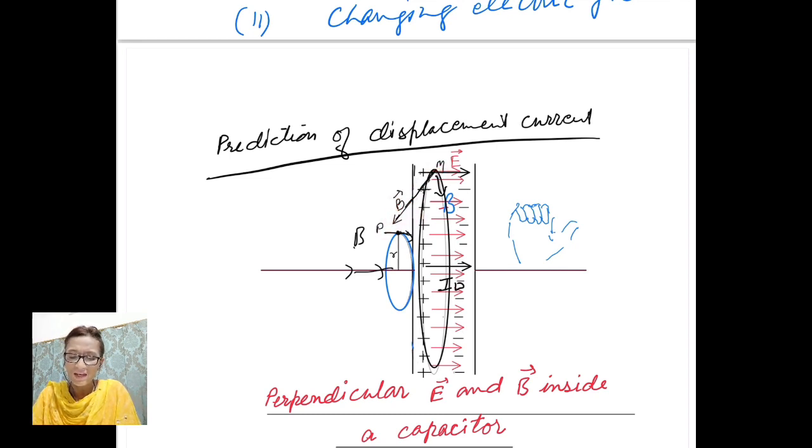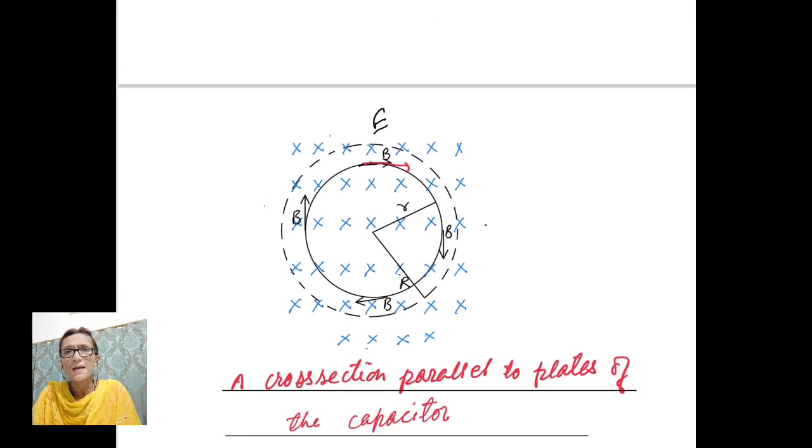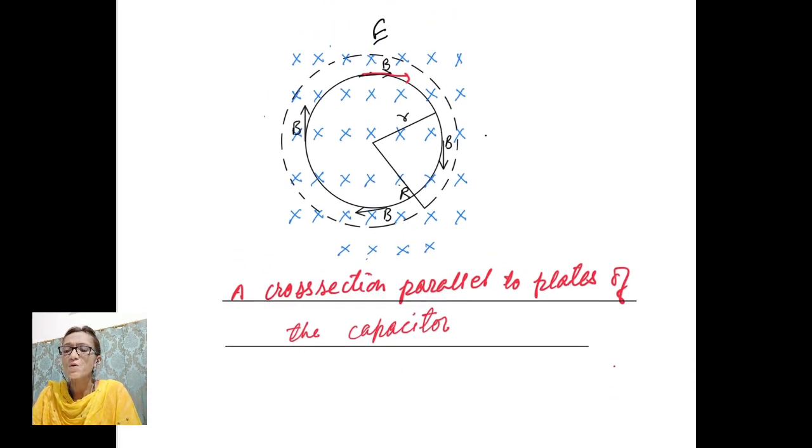Now if you take a cross section area parallel to the plates of the capacitor, then you will have this figure diagram and you will find that the electric field is going inside. The magnetic field is along the tangent of the circular loop. So this is how you can justify and you can define electromagnetic waves. Okay, I conclude.